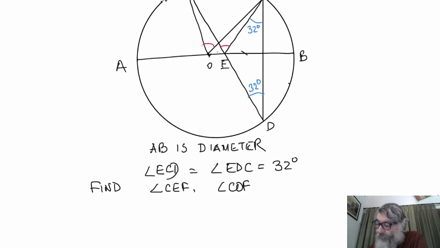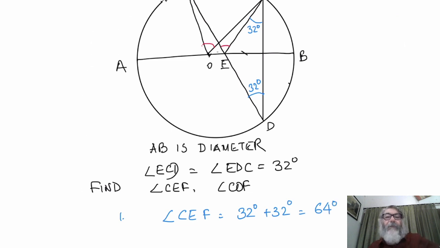Let me calculate angle CEF. It will be 32 degrees plus 32 degrees, that is 64 degrees. The exterior angle of a triangle is equal to the sum of the interior opposite angles.